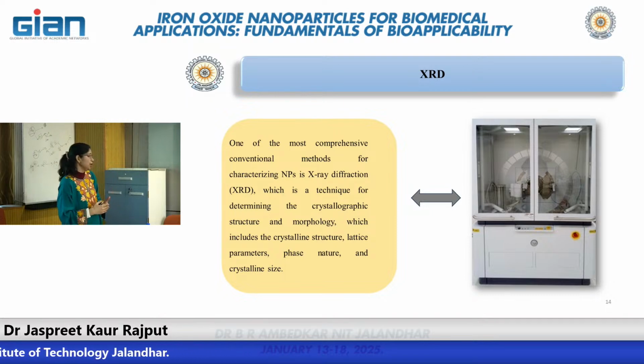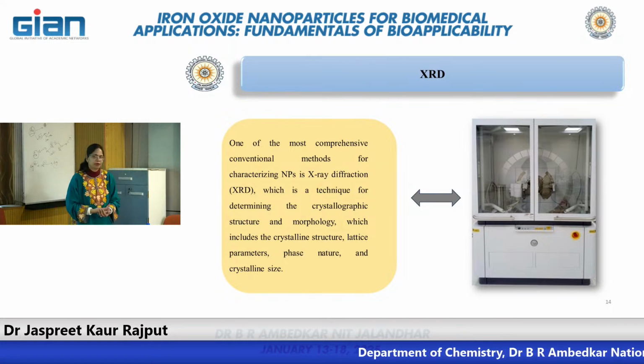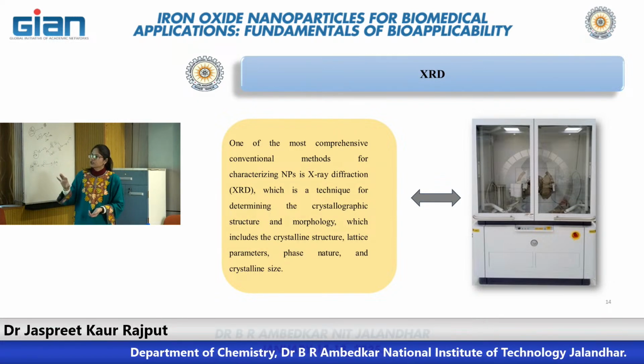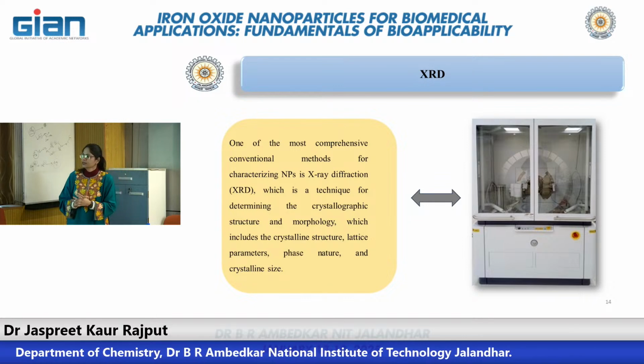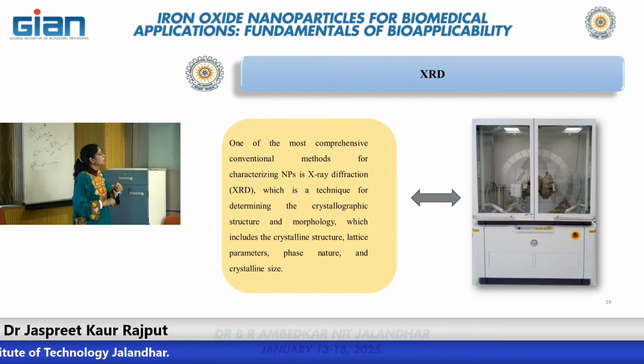So not only are the X-rays important for our material characterization, but they have lots of biomedical applications. Now the X-ray diffraction method is used here to study the lattice parameters, like you have seen in the morning, 111, 101. So what were those? Those were the lattice parameters.